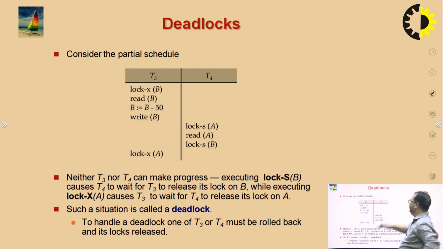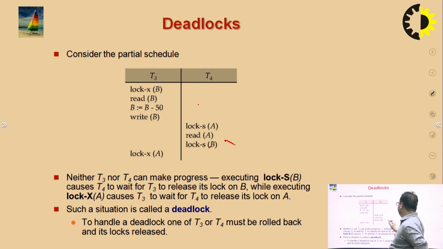For example, if the sequence is like this, we have locked the data item B, so this becomes the growing phase, and then there is a read operation. B is being updated, write B. So B is being locked, and here again you are going to lock B.